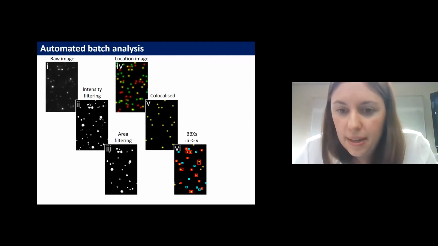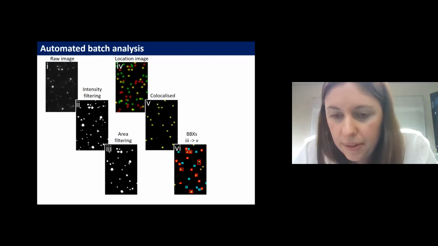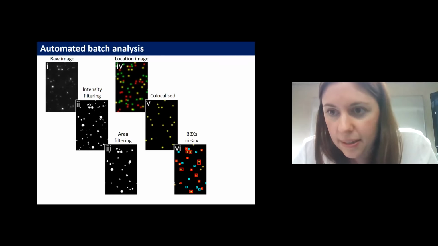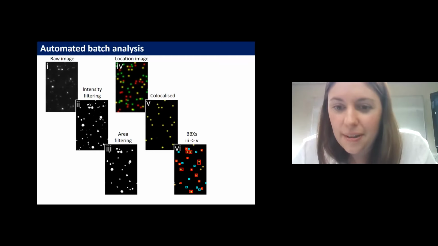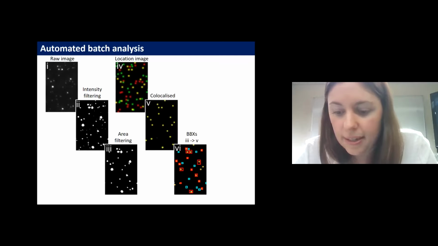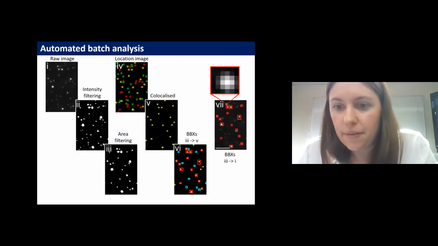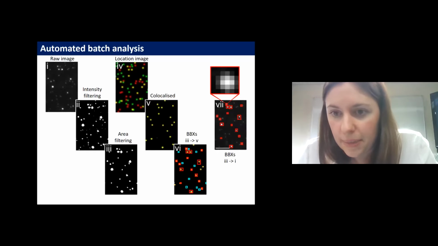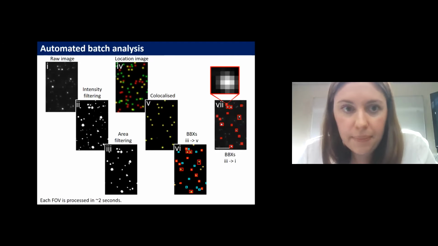We use segmentation to isolate the signals into bounding boxes, or BBXs for short, and in this way we can discard any signals coming from just single red or green, and just use the co-localized signals going forward. So this is just an example of the co-localized bounding boxes that we then use for our deep learning.